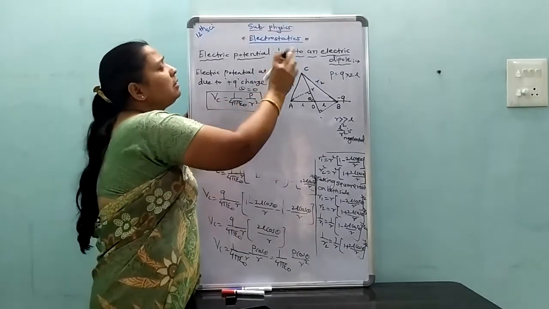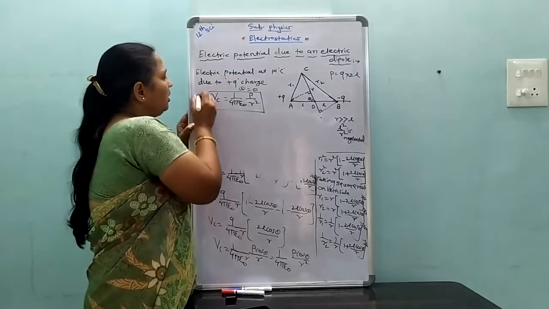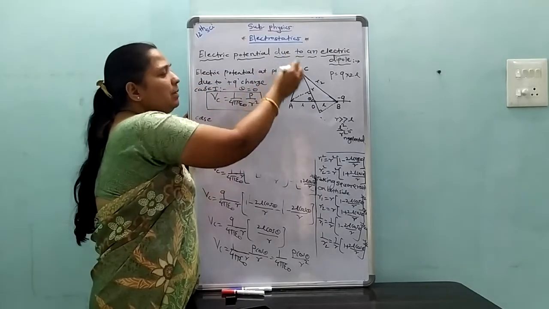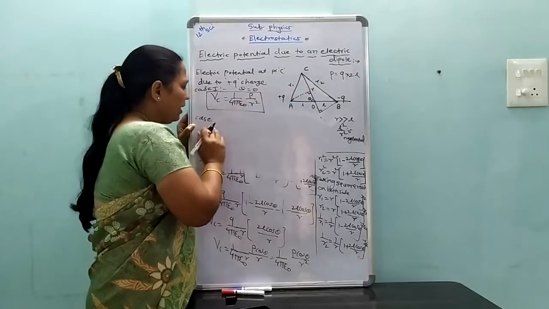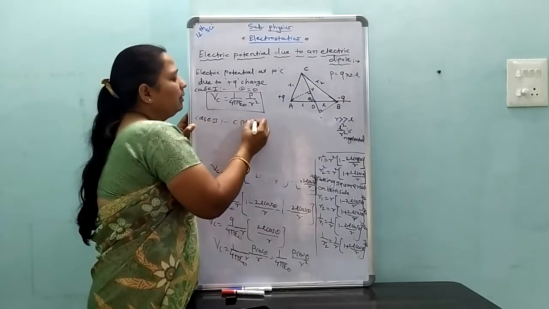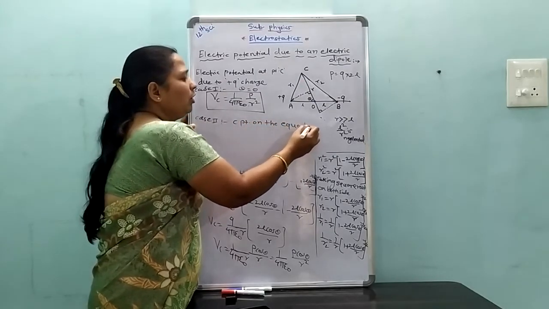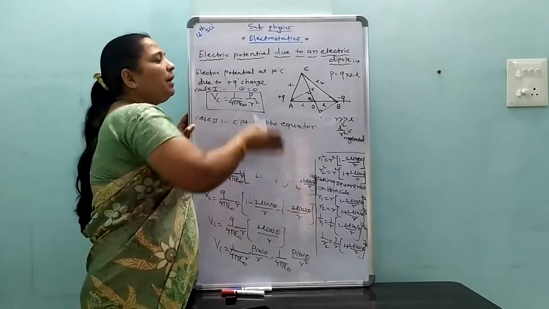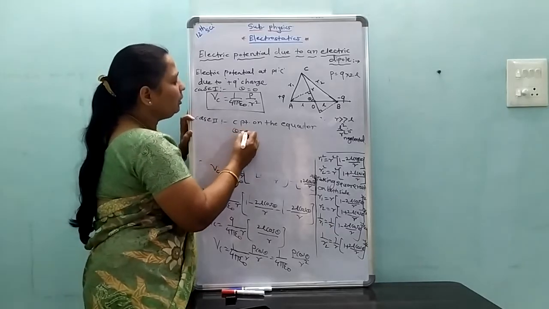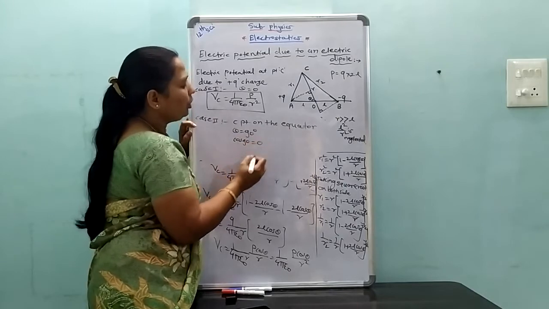Now consider another case, the second. Case first, the C point is on the axis of the dipole. Case second, C point on the equator. Equator means a line perpendicular to the dipole, means theta is equal to 90 degree. Cos 90 is equal to 0.